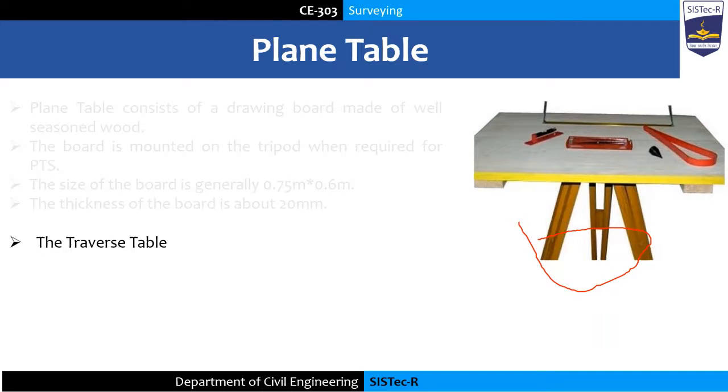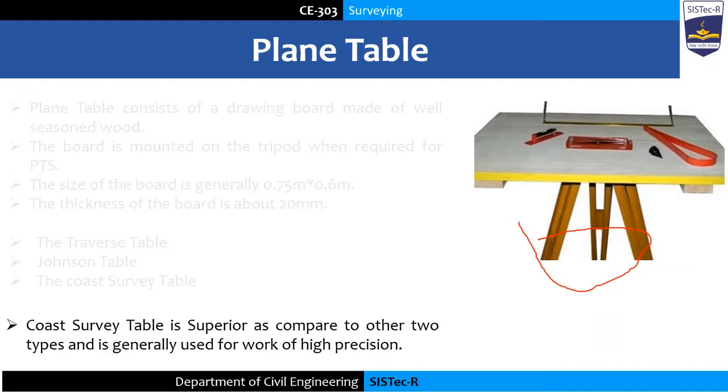Basically there are three types of plane table which are generally used in surveying. The very first is the traverse table, second is the Johnson table, and the last is the coast survey table. All these three tables have different uses and are used at different places according to the situation or requirement. The coast survey table is superior compared to the other two types and is generally used for work of high precision, where accuracy is of utmost importance.